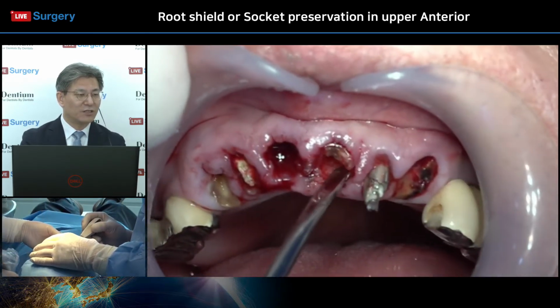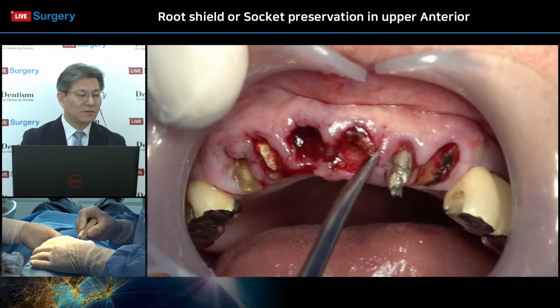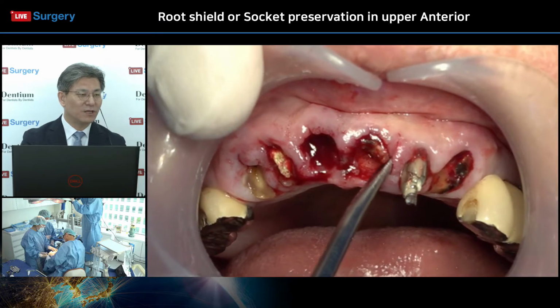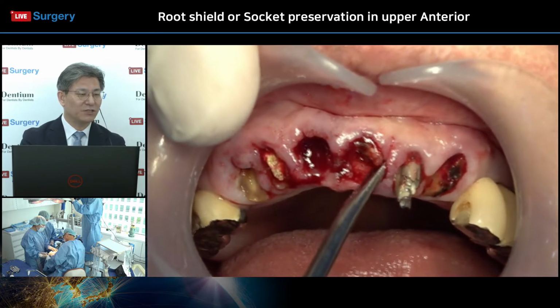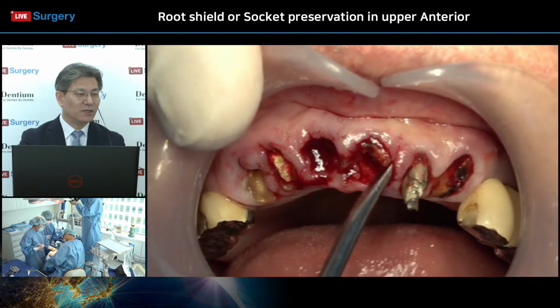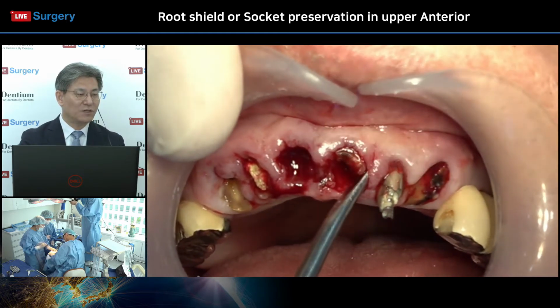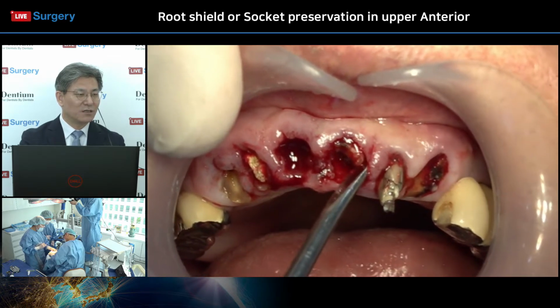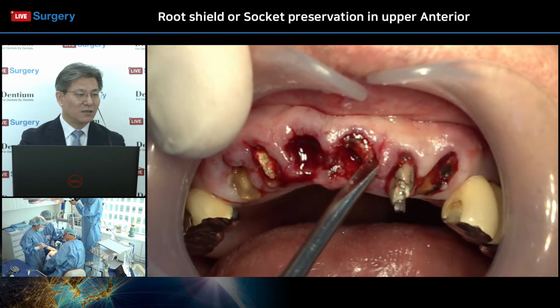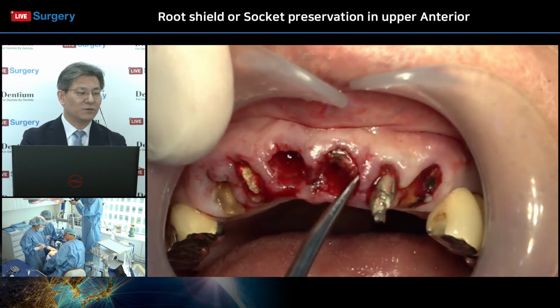During the extraction, some parts are easily luxated, but other parts of the root are difficult to luxate. But anyway, Dr. Chung has already achieved luxation, so the remnant of the tooth root is almost extracted.